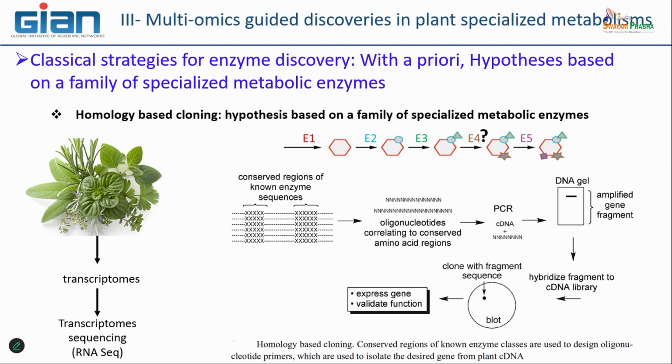You also have the opportunity to express this gene and produce what we call the recombinant protein, and then validate the activity of this protein in vitro, in order to be sure that it is the enzyme able to convert this product into this product, for example.